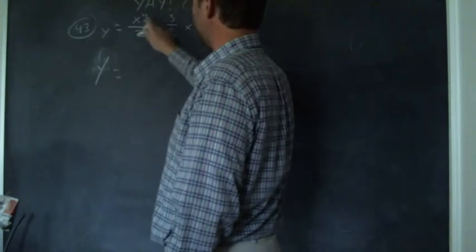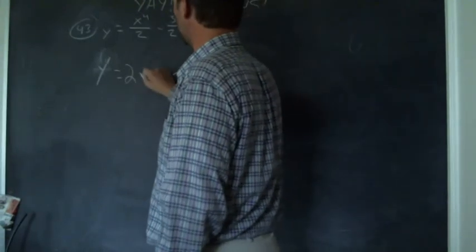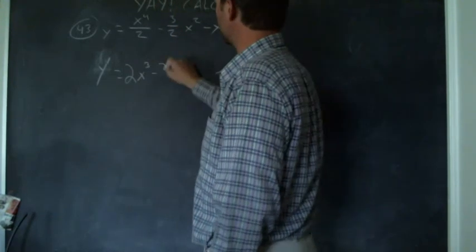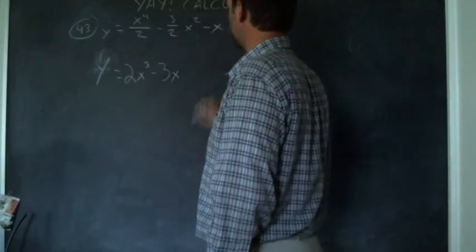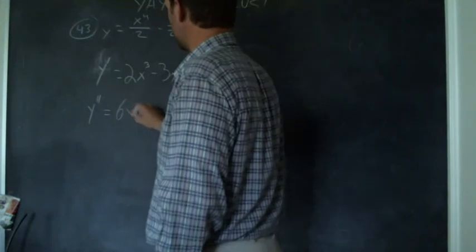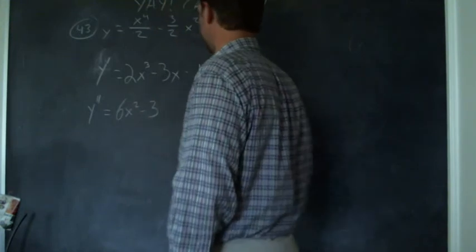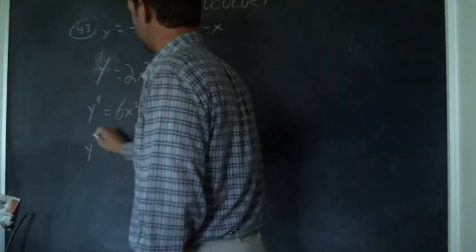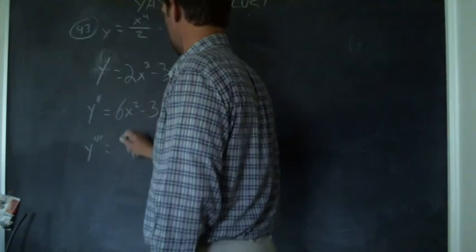Alright, so this is just 1 half. 4 times 1 half is 2. X cubed. 2 times negative 3 halves is negative 3. X to the first minus 1. So that's one derivative found. Second derivative we'll find is going to be 6x squared minus 3. Third derivative will be 12x.